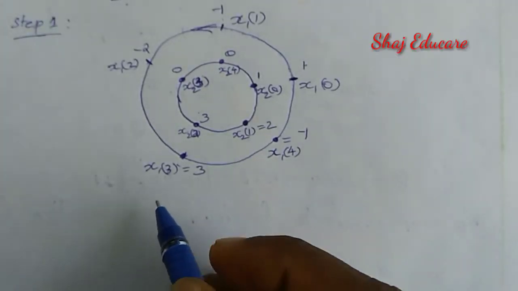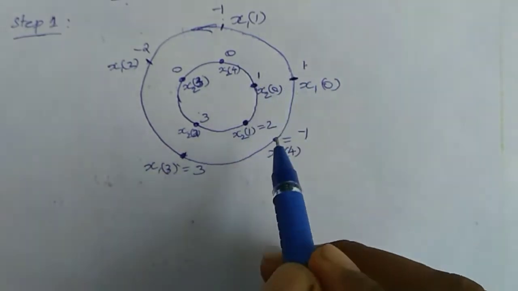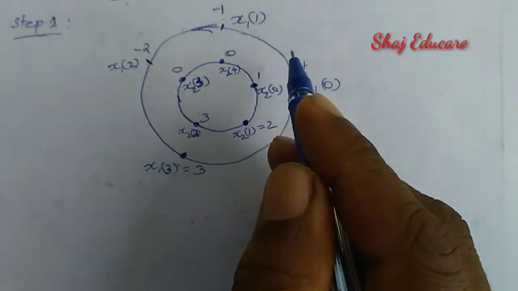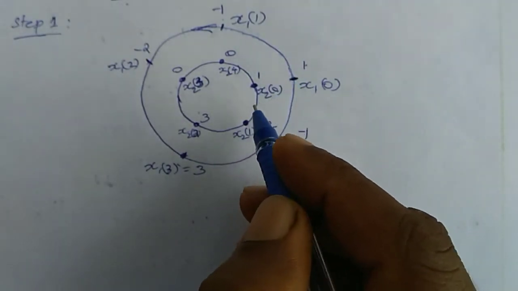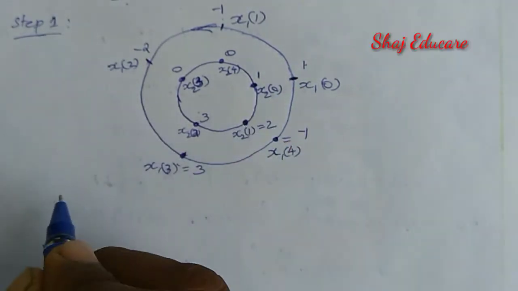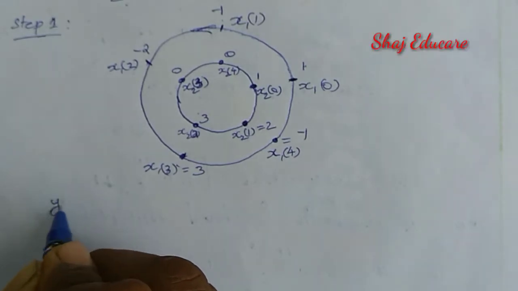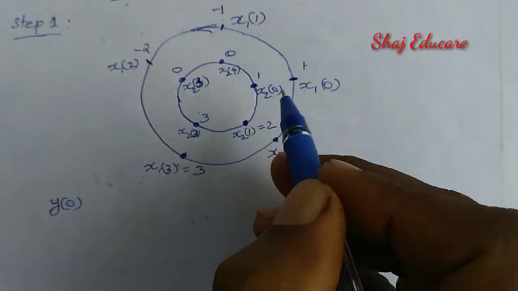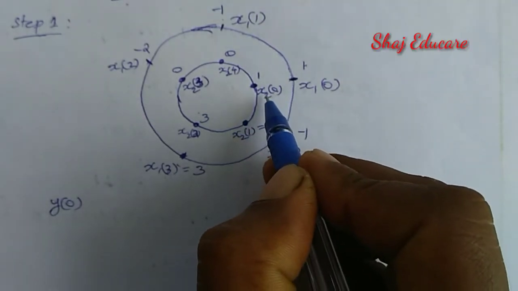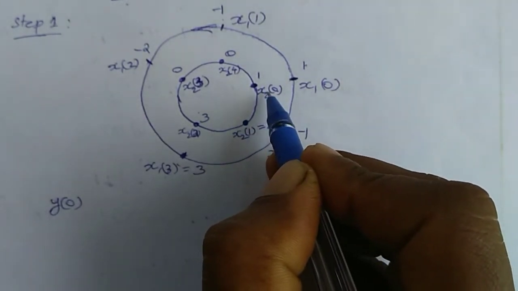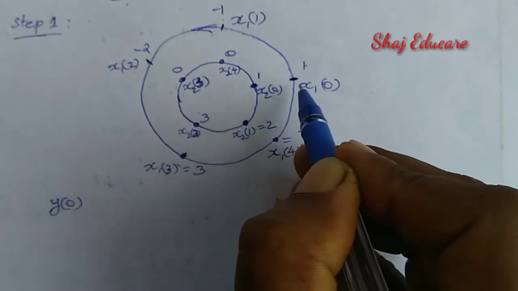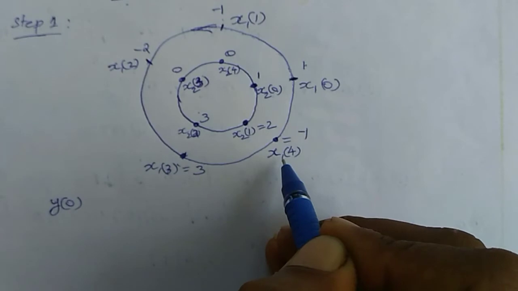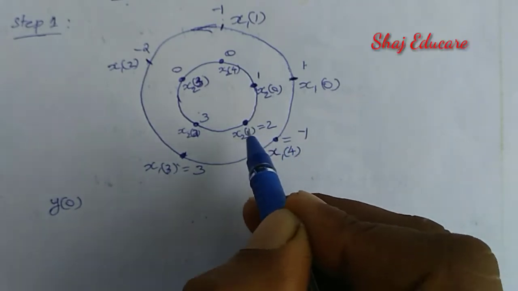Next, multiply corresponding samples in the two circles and obtain signal y of 0. That is, y of 0 is equal to multiplying corresponding samples, in the sense we have to multiply the signals along the same line, x2 of 0 with x1 of 0 and x2 of 1 with x1 of 4 and so on.